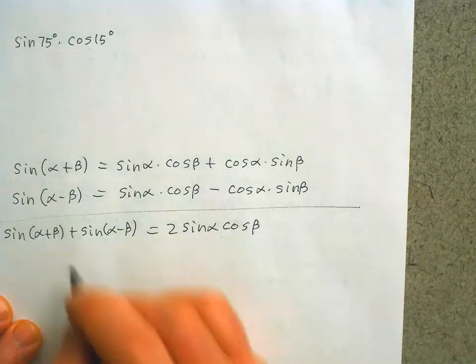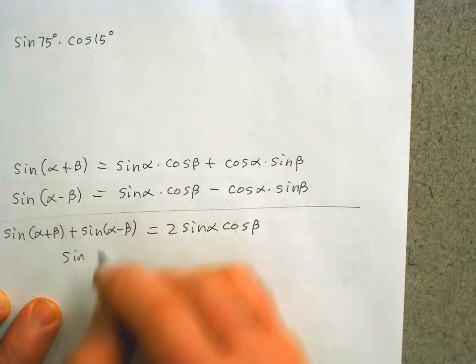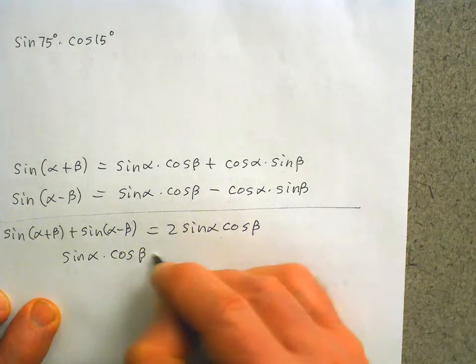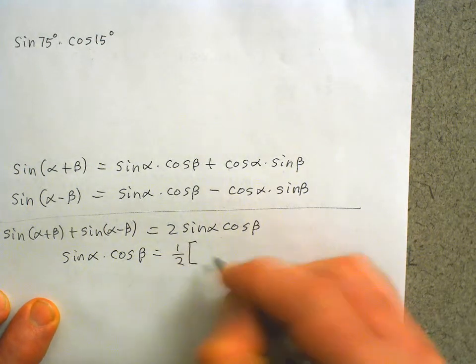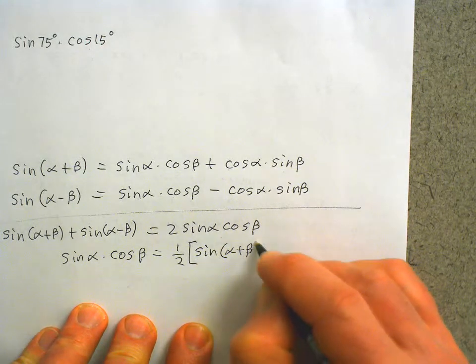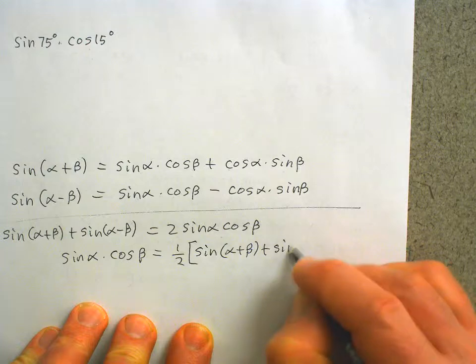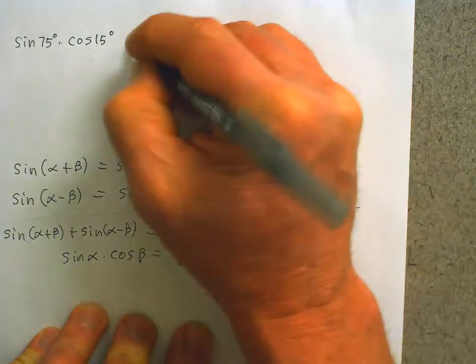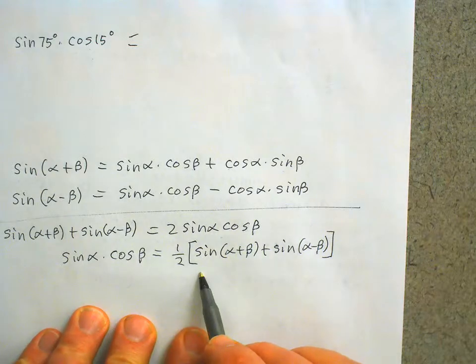And then divide both sides by 2, we get sine of alpha times cosine of beta equals 1/2 times sine of alpha plus beta plus sine of alpha minus beta. So we can use this to evaluate that.